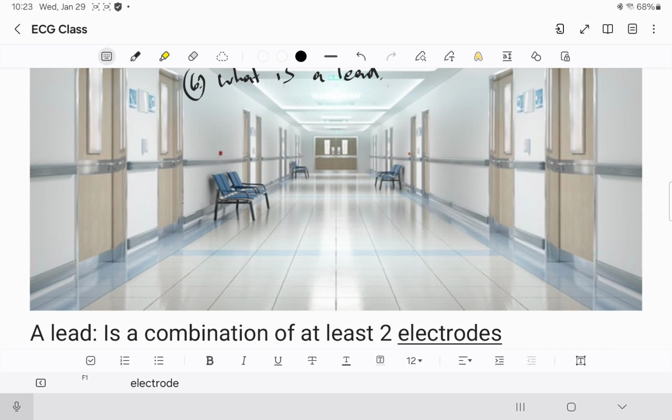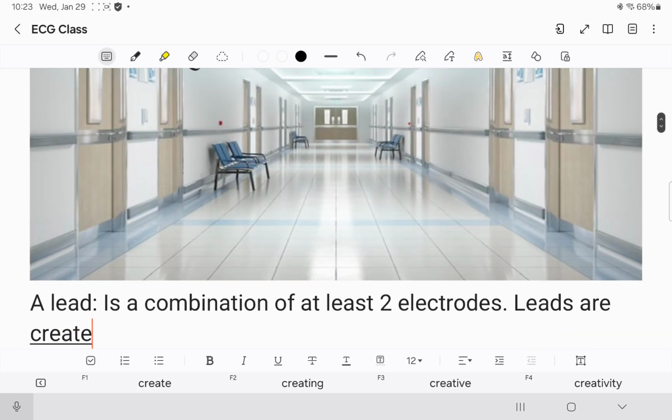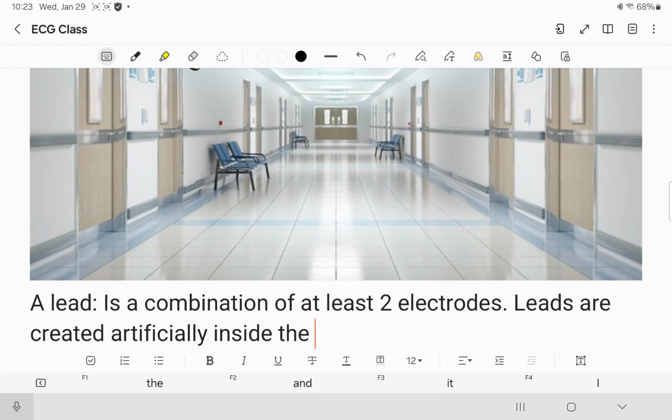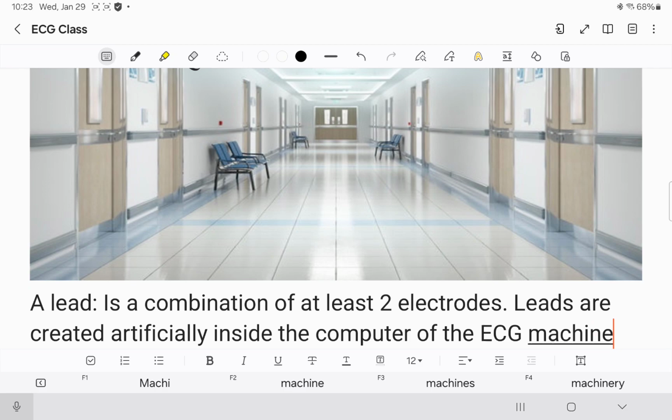What else would I add to this? Leads are created artificially inside the computer of the ECG machine. What do I mean by that?